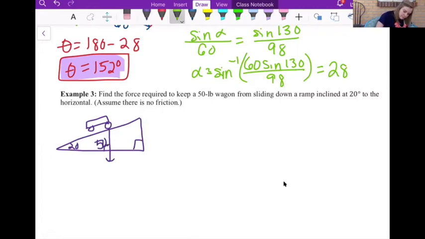Now, the force that we are wanting is the force to keep it steady. So this is going to be the same as this force, and so then this is the resultant.